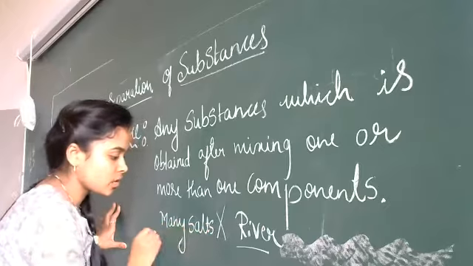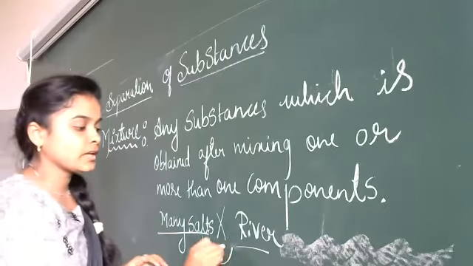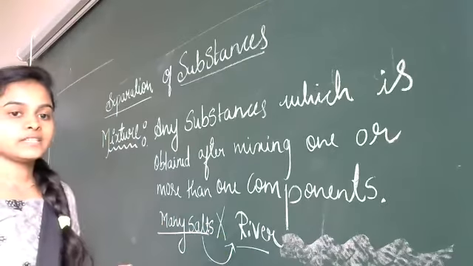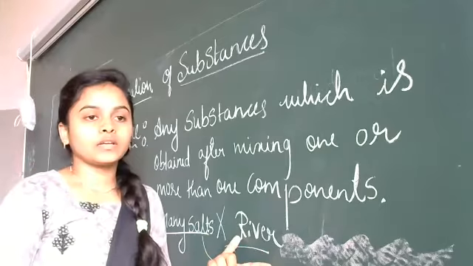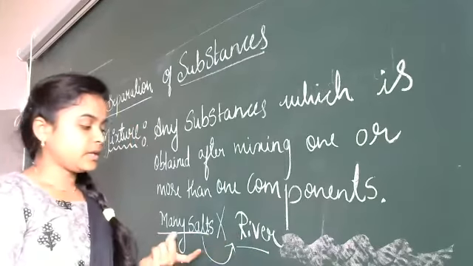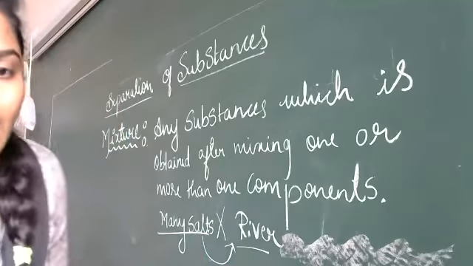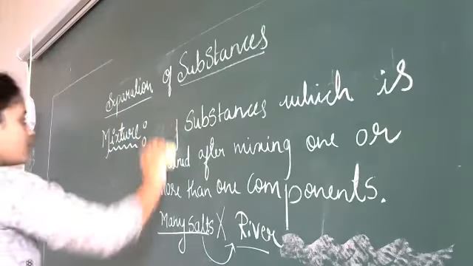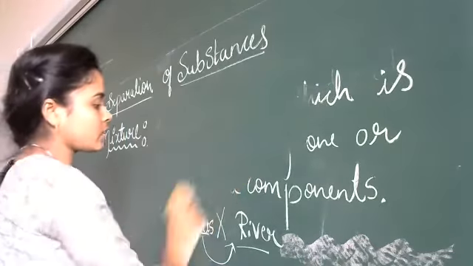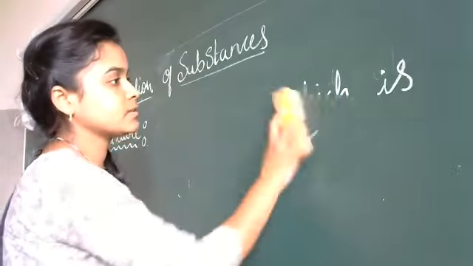Many types of salts are dissolved in water. That is why we call river water a mixture of many substances. Understood? Again, we will discuss some more examples based on this mixture, right?